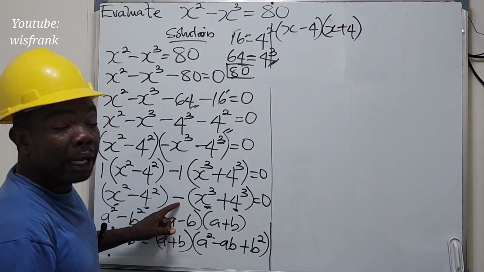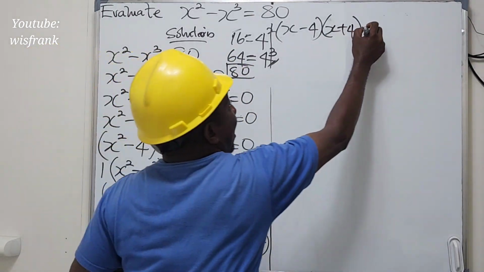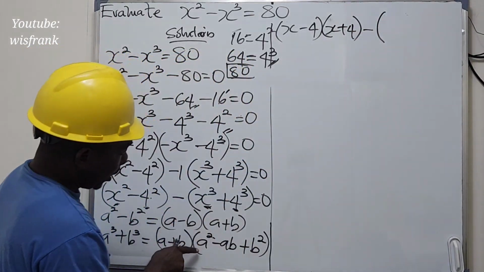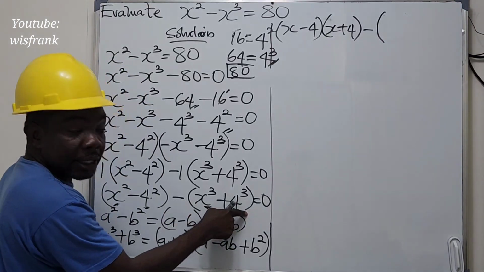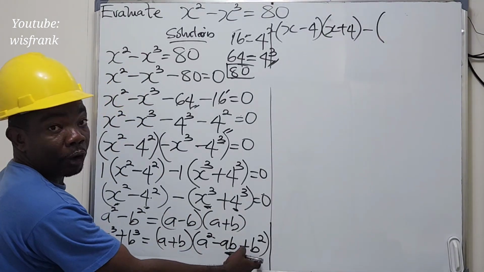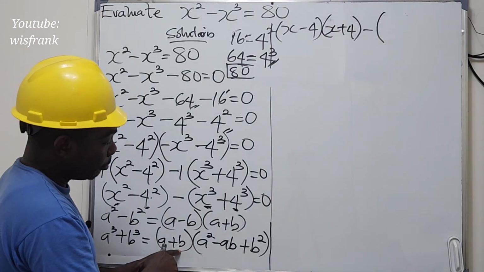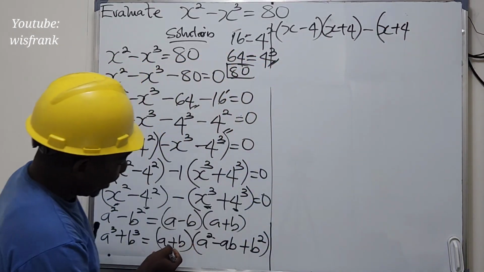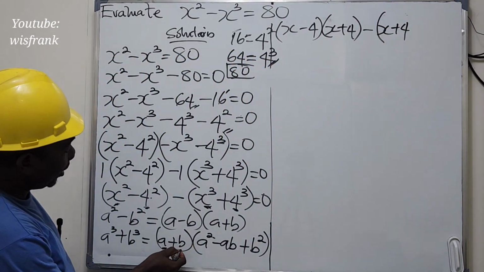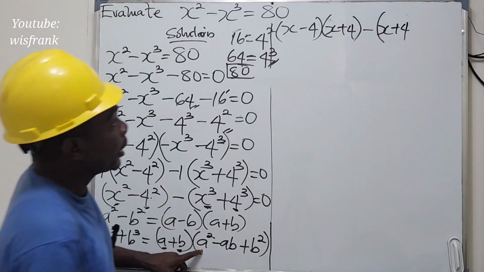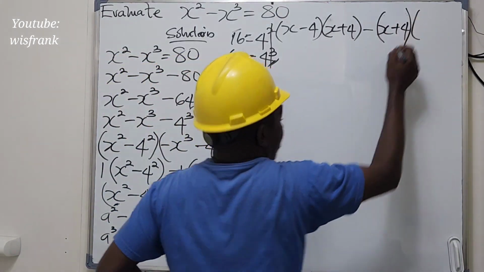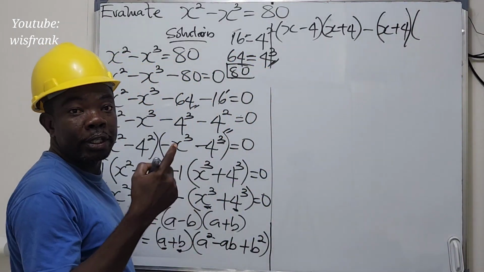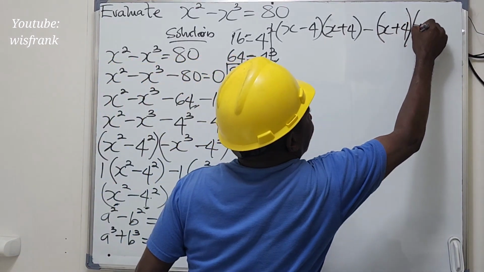Then we bring down the minus, then into this other side. This second parenthesis, this is what we are going to represent. A plus B is going to be x plus 4 because our A is x and our B is 4. So the second parenthesis is going to be A to the power of 2, which is x to the power of 2.